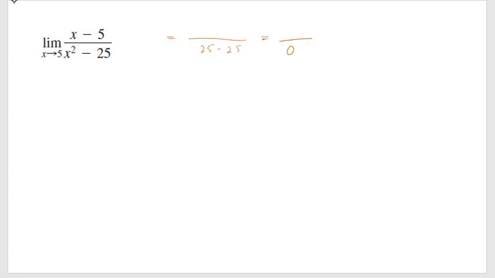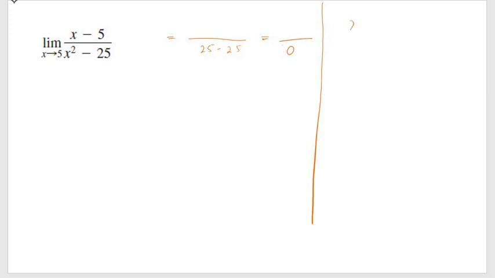So the function is not defined at x equals 5. But we want to calculate the limit at x equals 5. So here we need to factorize the denominator and make sure we can substitute x equals 5 without this turning into a 0. So let's look at the denominator.